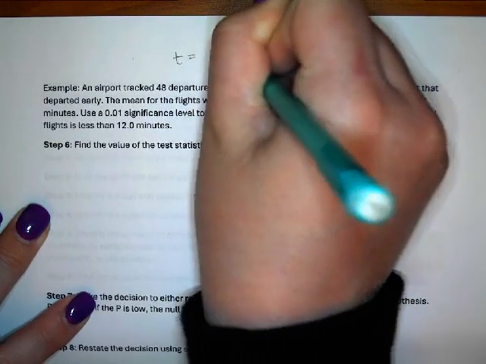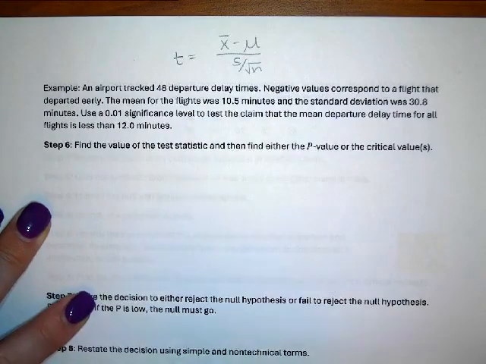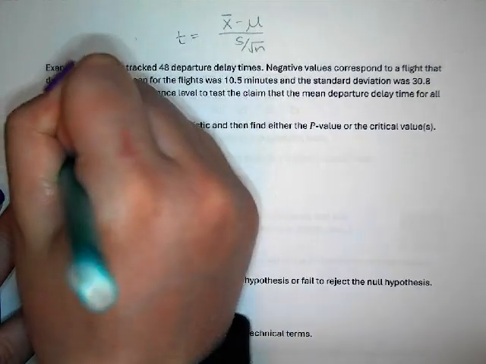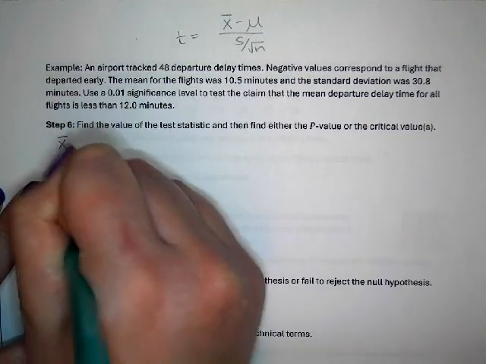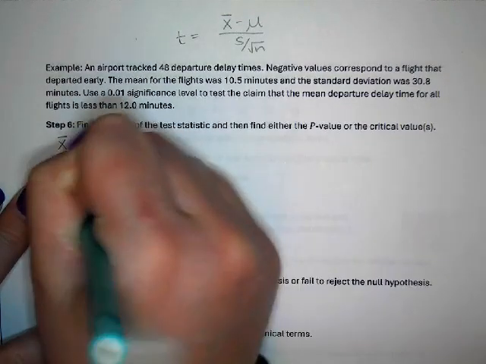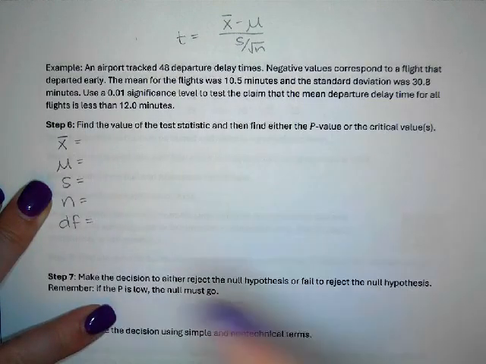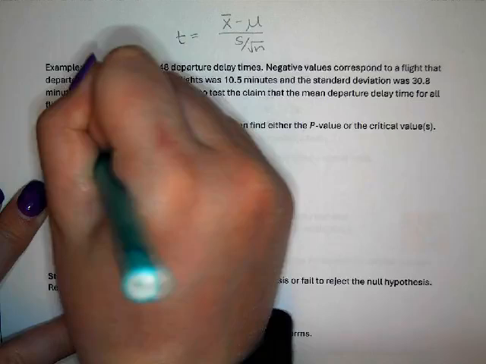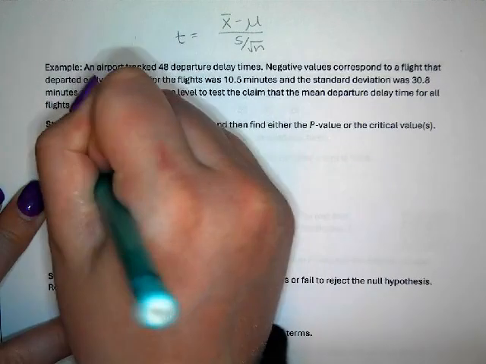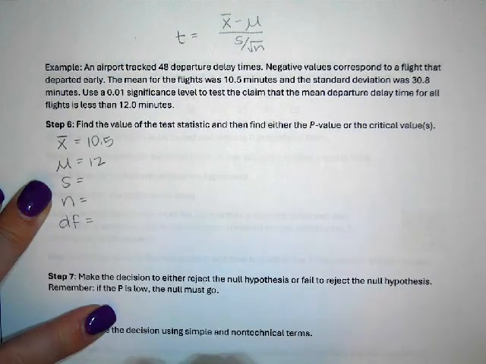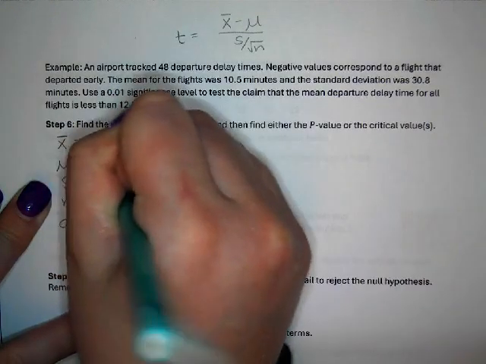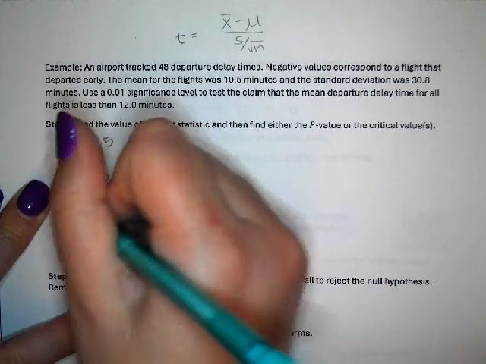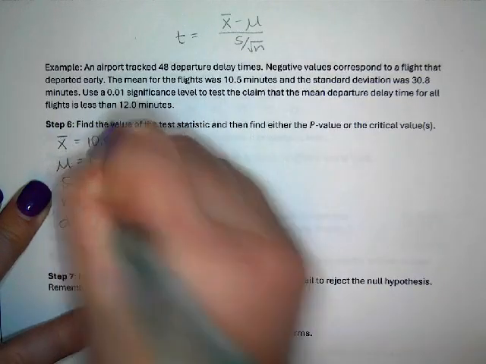Okay, so we need x bar, we need mu, we need S and n, and we need the degrees of freedom since we're using a T distribution. So x bar is 10.5, mu is 12, the standard deviation is 30.8, the sample size is 48, and the degrees of freedom is 47.